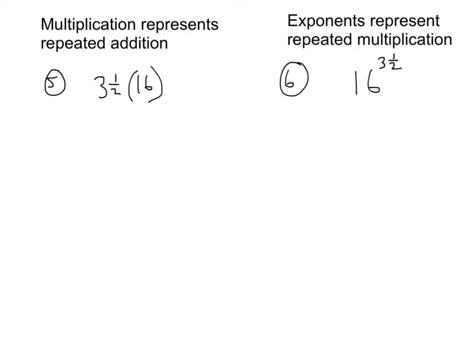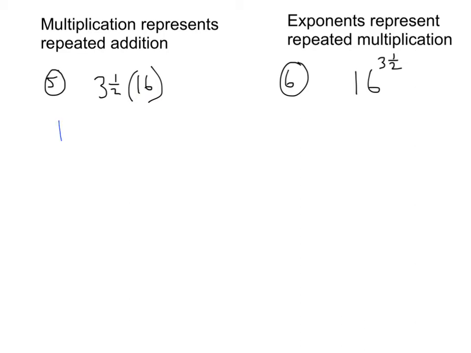Now we're going to apply the same idea to thinking about fractions. I'm going to look at 3.5 times 16, and 16 to the 3.5 power. Again, multiplication here means repeated addition, so we want 3.5 groups of 16.